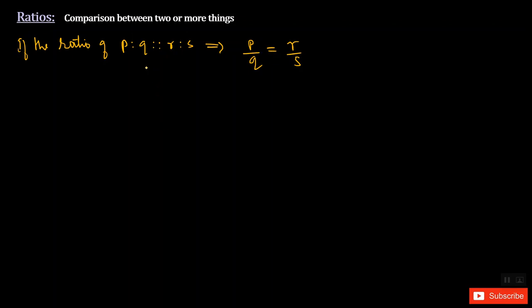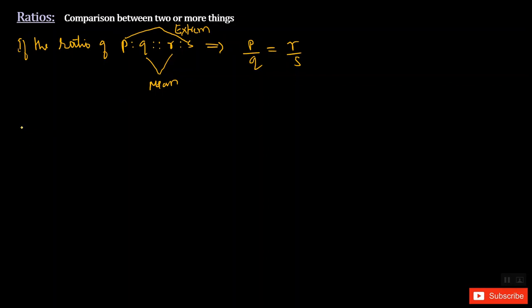As of now, let's just do the ratios. The terms which we have written inside, these are called the mean terms, and the terms we have written outside, P and S, these are called extreme terms.